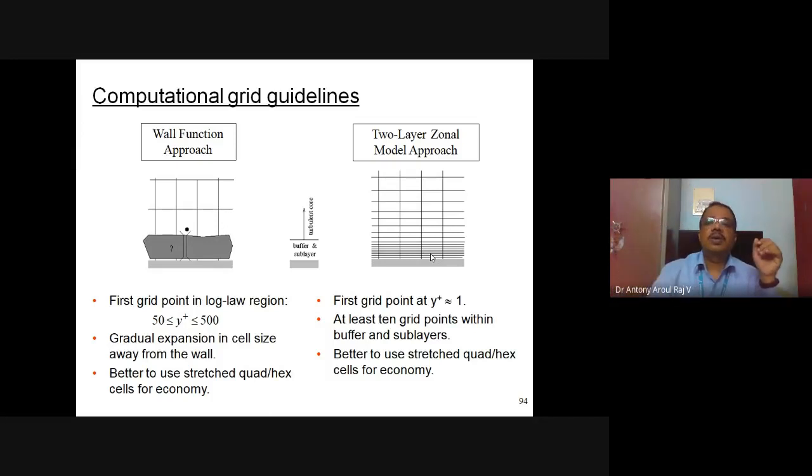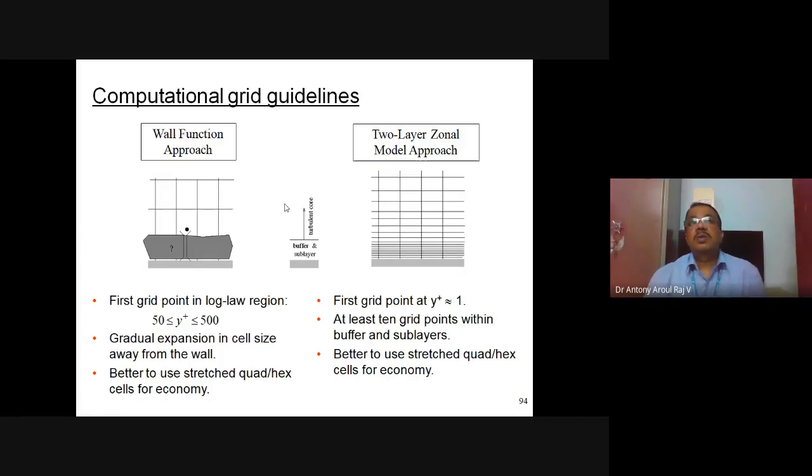So near the wall, we will be using the low Reynolds number k epsilon equation with the damping function, and in the fully turbulent core, the high Reynolds number k epsilon model. Because of that, we will be getting the best possible solution.